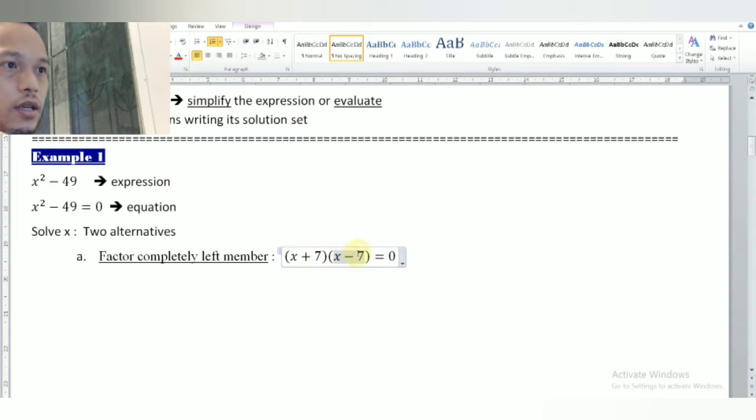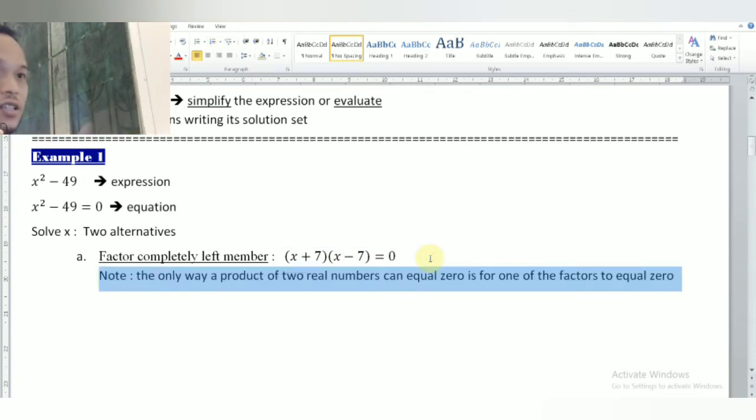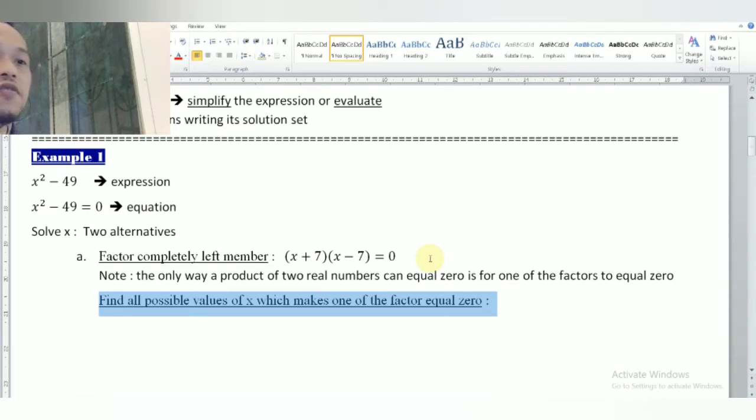Something times something becomes 0. It means one of the somethings must be 0. Okay, so this is the note. The only way a product of two real numbers can equal 0 is for one of the factors to equal 0. So let's find all possible values of x which make one of the factors equal 0.